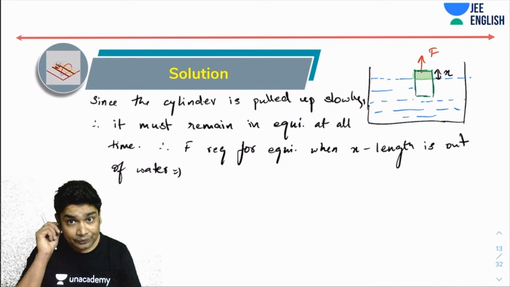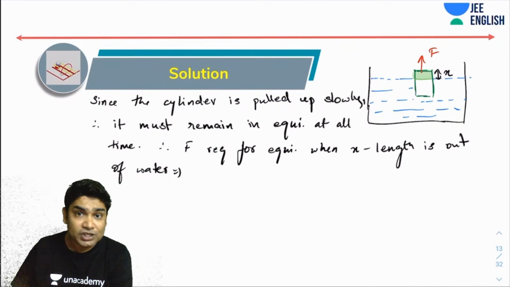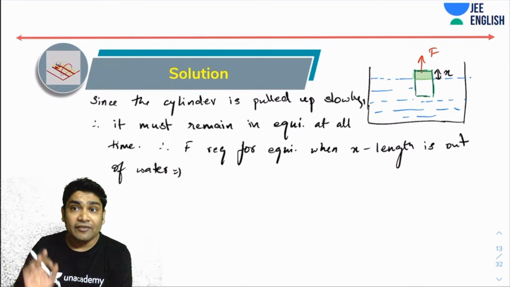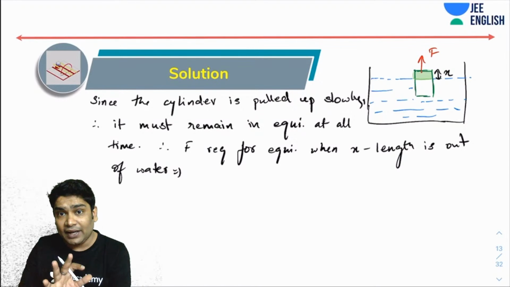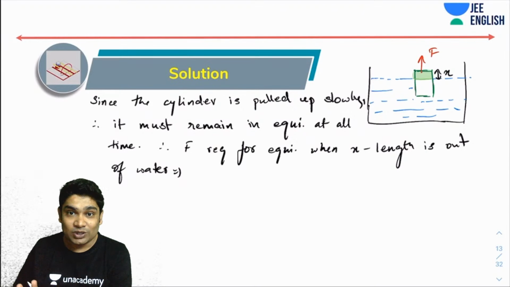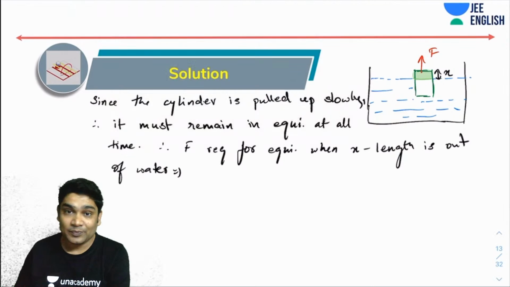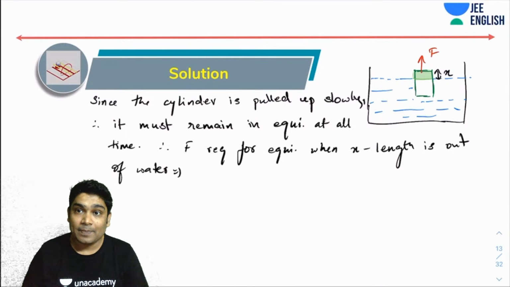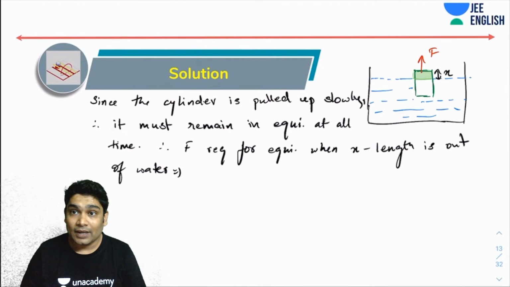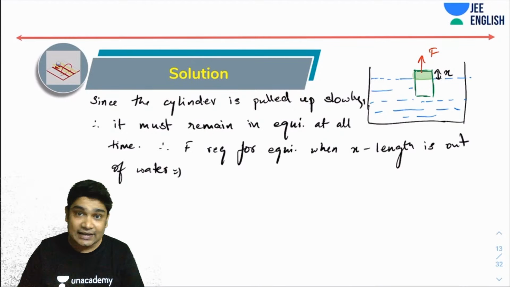Do you agree? Because for the portion below, the weight of the portion below will be balanced by the buoyant force. Agreed? F would be the weight of the x length of the cylinder.